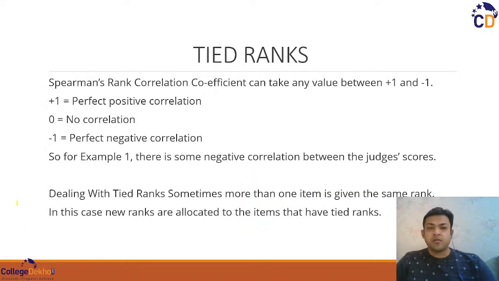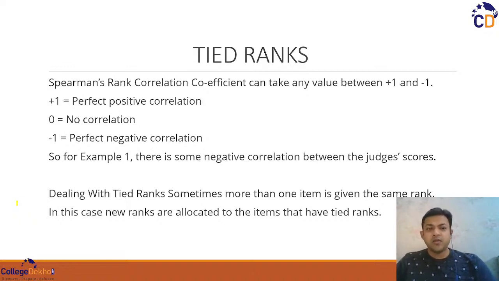Okay. So Spearman's rank correlation coefficient can take the following values. The values lie between -1 and +1. When we get a value of +1 for R, it indicates a case of perfect positive correlation. It means both the judges are totally agreeing with each other.